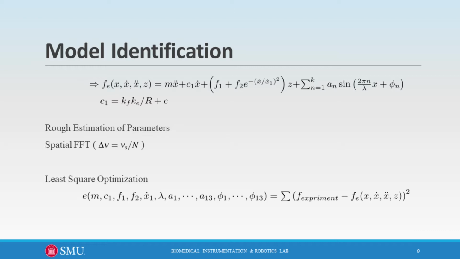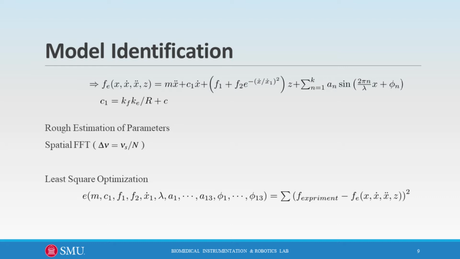We had this model here, and so we had the velocity, position, and acceleration as well as z, and we made an objective function from least square optimization, f of experiment minus f of external, which should ideally be 0, squared, to be minimized. The minimization of this function implies identification, or right determination, of the unknown values of m, c1, f1, f2, x dot 1, lambda, a1 to a13, and phi1 to phi13 in this equation.